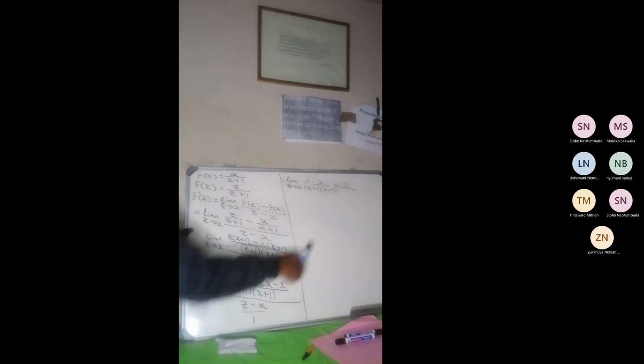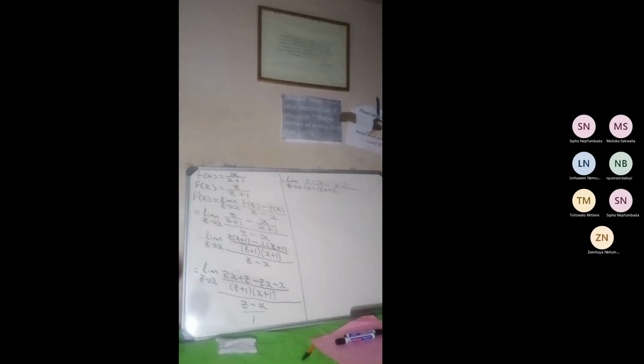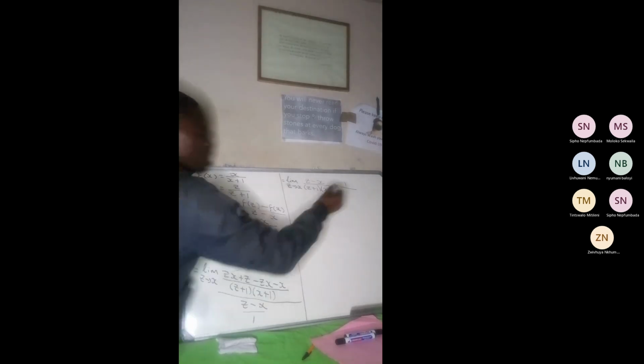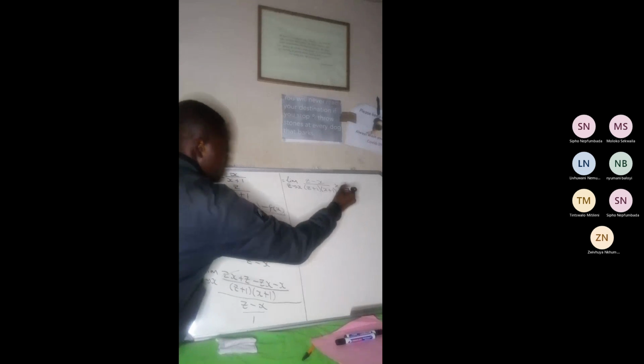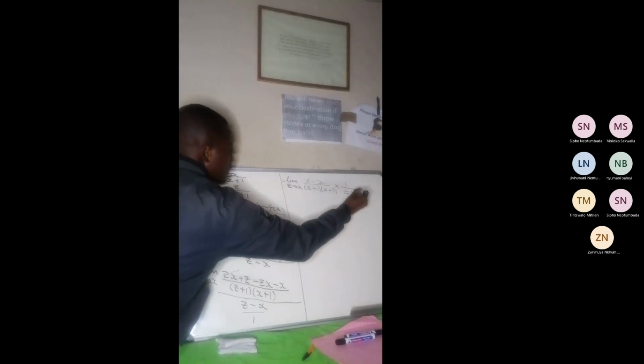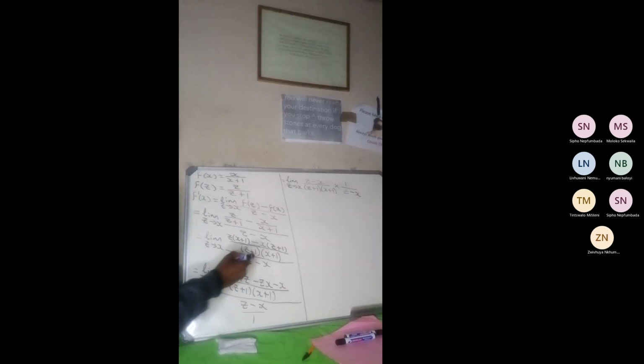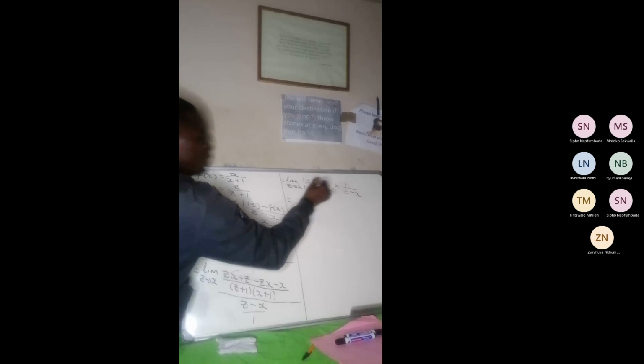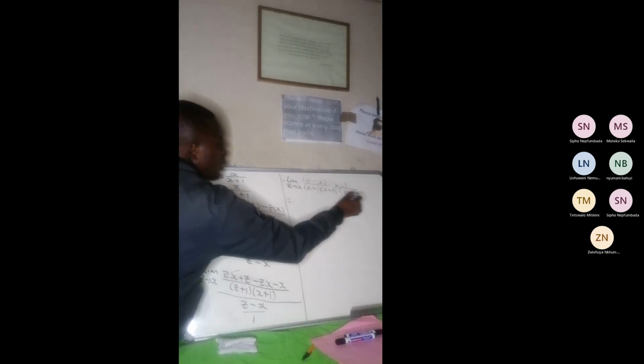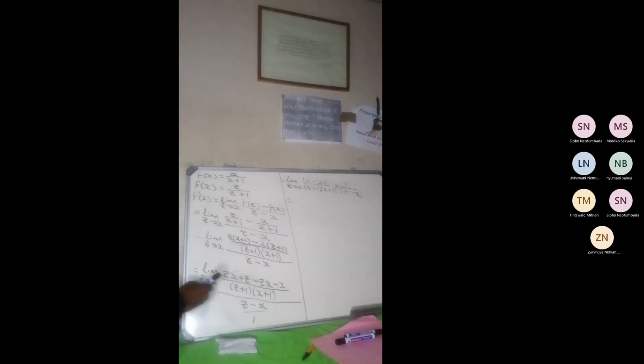When we introduce the multiplication, the numerator becomes the denominator and the denominator becomes the numerator. Then in maths, we know that those two are going to cancel each other.